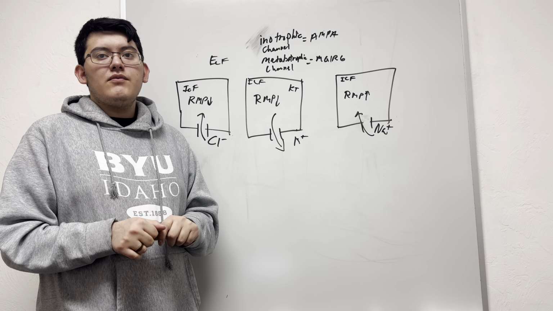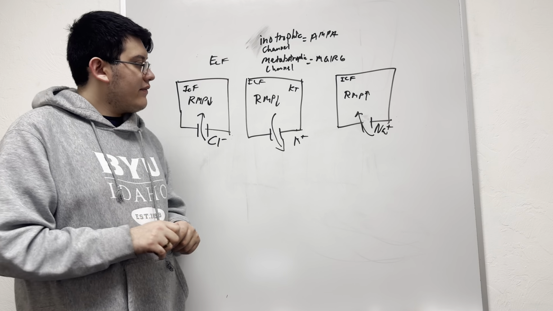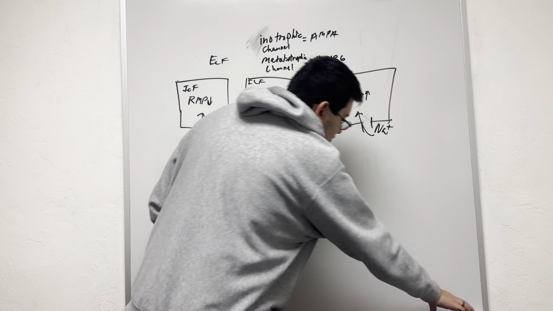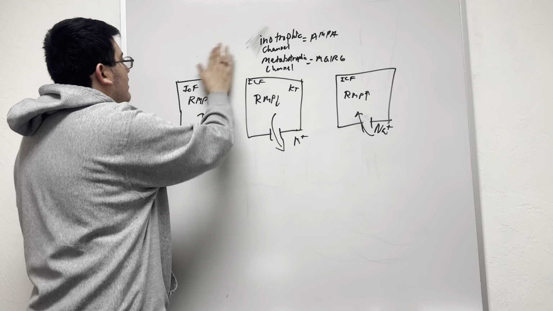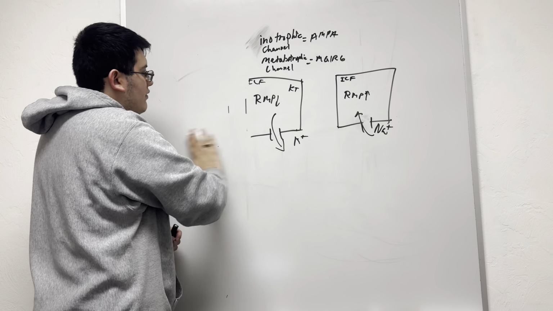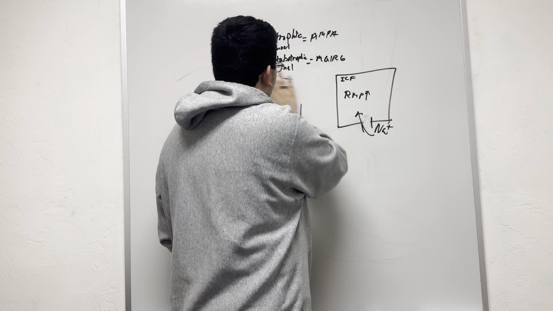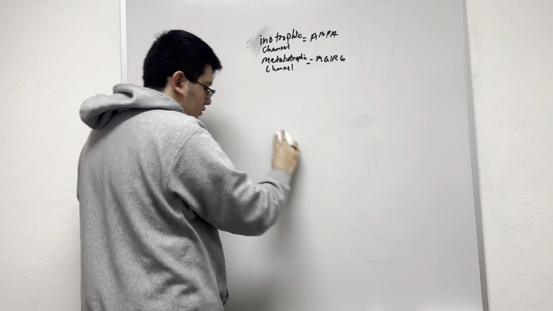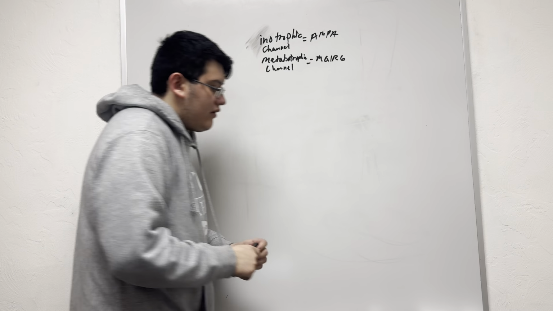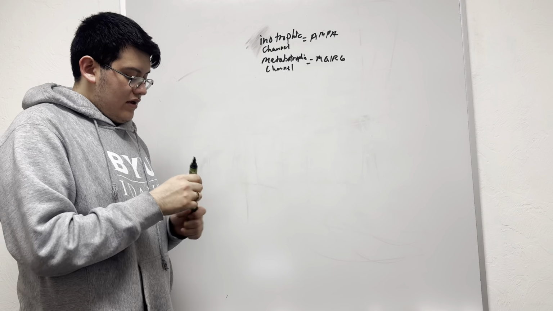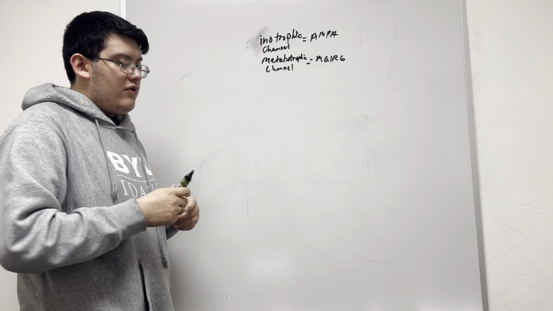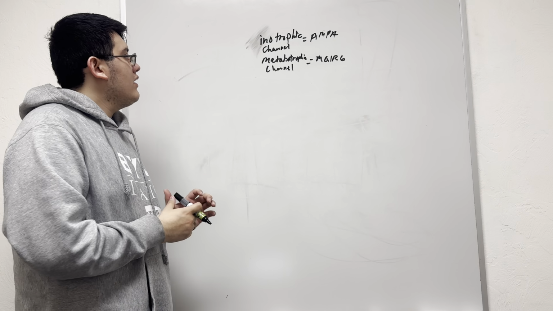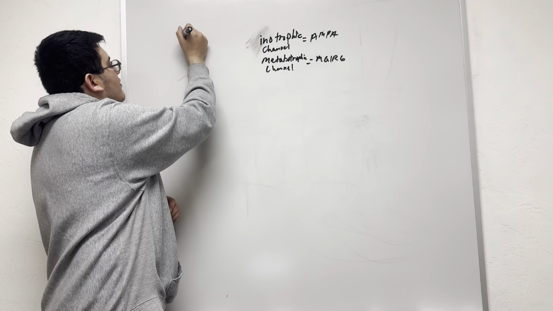Okay. Please tell me the difference between rod and cone and how they are related with ionotropic and metabotropic channels. Okay, let's erase this part real quick to add more room. As we know, the back part of our retina, the place where the photoreceptors are, tends to have two different types of photoreceptors.